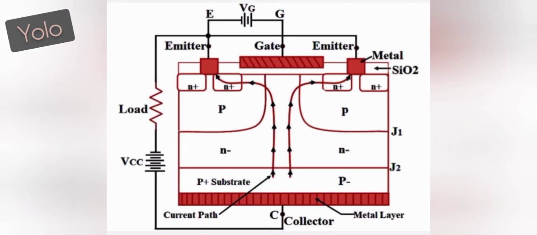Another P layer is kept closer to the emitter, and inside the P layer we have the N+ layer. The junction between the P+ layer and N- layer is called junction J2, and the junction between the N- layer and P layer is called junction J1.